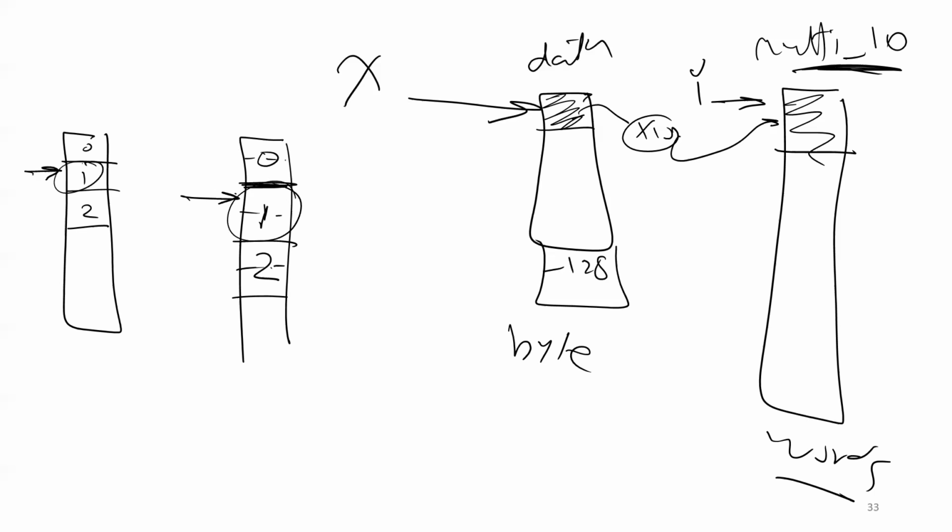In the next iteration, I'm going to increment X by 1, but I have to increment Y by 2 because this is an array of words. Both of them are moving. Every time I'm going to get the element pointed by X, multiply it by 10, then store the result in the element pointed by Y. Is that okay?